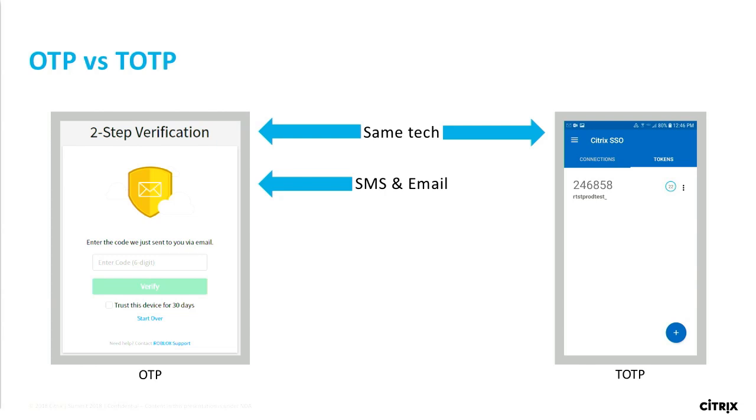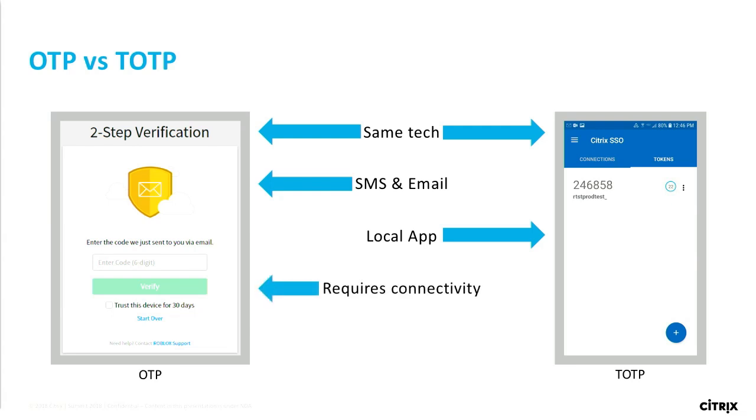SMS would be the something you have, because it's tied to your phone. But if I can bypass that, and a lot of these do let you bypass the SMS because you might not have cell phone connectivity, it would then email you instead. And email is just a password. Whereas TOTP, it's a local app. You have a pre-shared key on that local device, which is the something you have, which gives you the multi-factor.